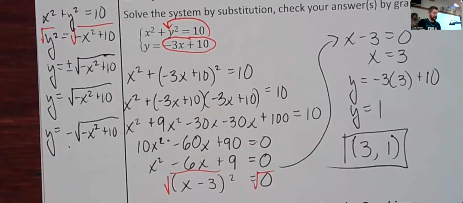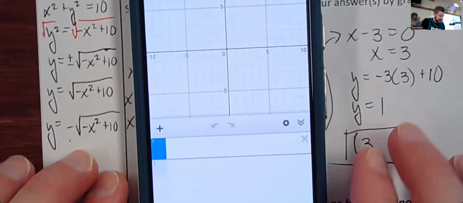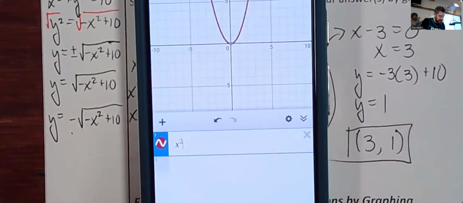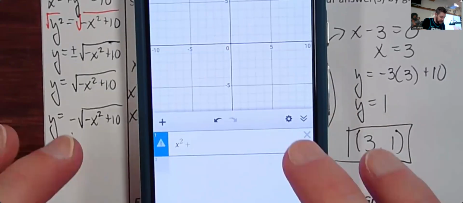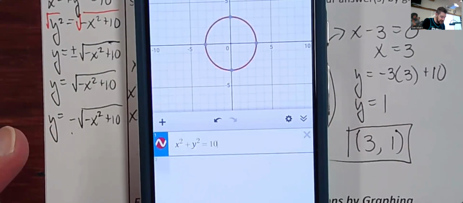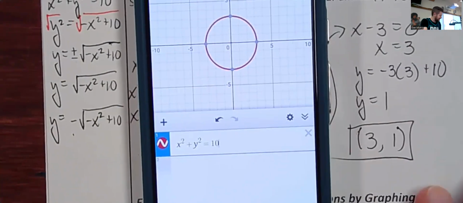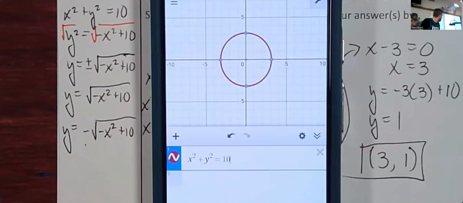All right, so here's our graphing calculator. And if we say x squared plus y squared equals 10, yeah, there it is. So Desmos is a little bit better. Honestly, it's a little bit easier on Desmos just because you don't have to solve for y.